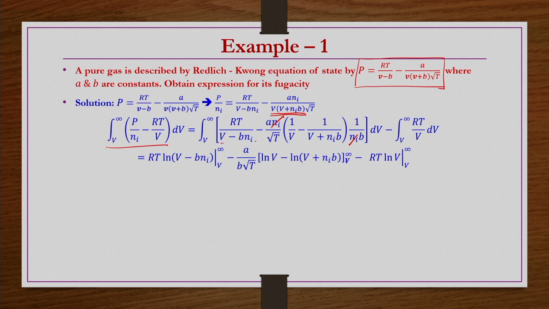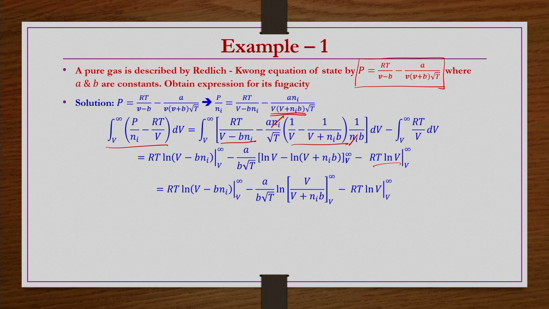The integration of the first term is nothing but RT ln V minus b Ni, because b and Ni are independent of V, so we can treat them as constants while doing the integration. Similarly, the integration of this part is ln V minus ln V plus Nib, and then the integration of 1 by V is nothing but ln V, and then the limits are V to infinity.